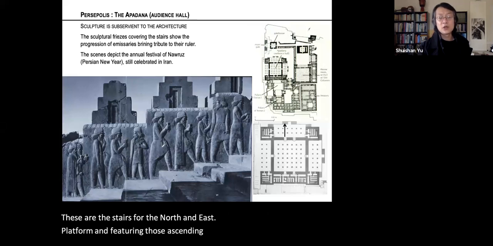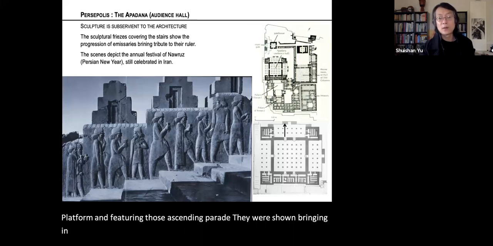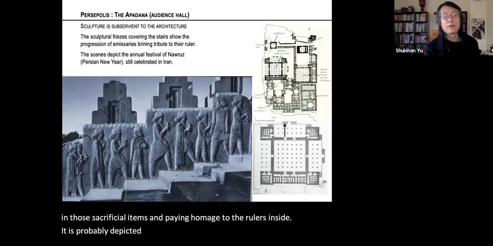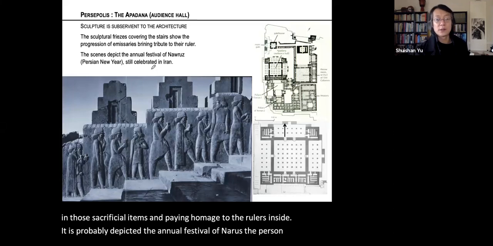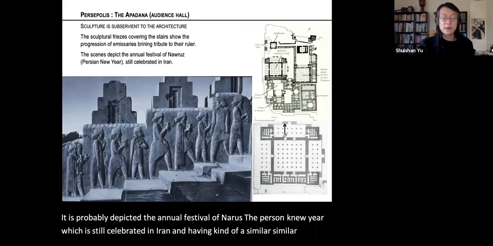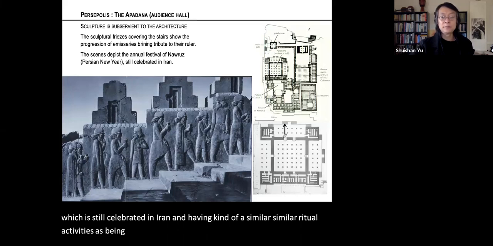They were shown bringing in sacrificial items and paying homage to the rulers inside. It probably depicts the annual festival of Nowruz, the Persian New Year, which is still celebrated in Iran, having similar ritual activities to those depicted here.